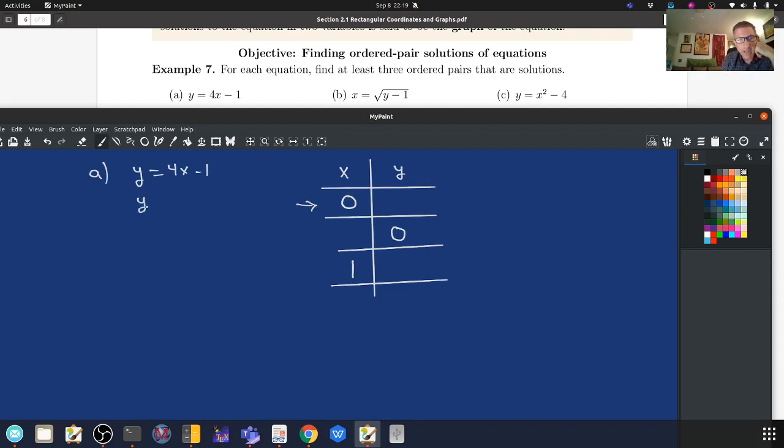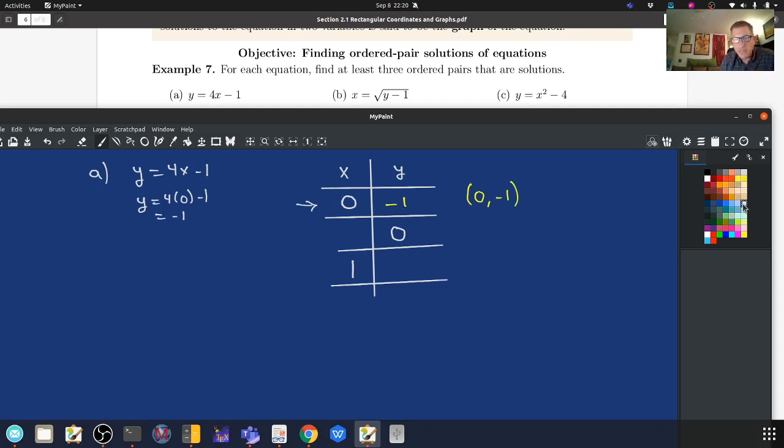So y is equal to 4 times 0 minus 1, which is minus 1. The ordered pair solution is (0, -1), because x is 0, y is minus 1.